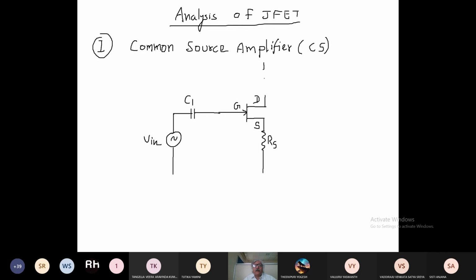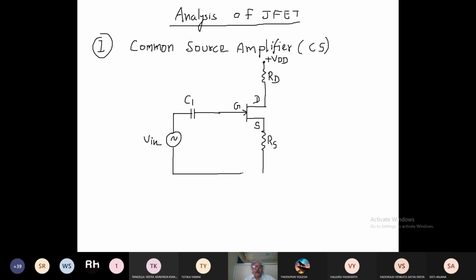At the drain we will connect another resistor, this is RD. And here we will connect the battery VDD, right? So this battery VDD is used for the biasing.